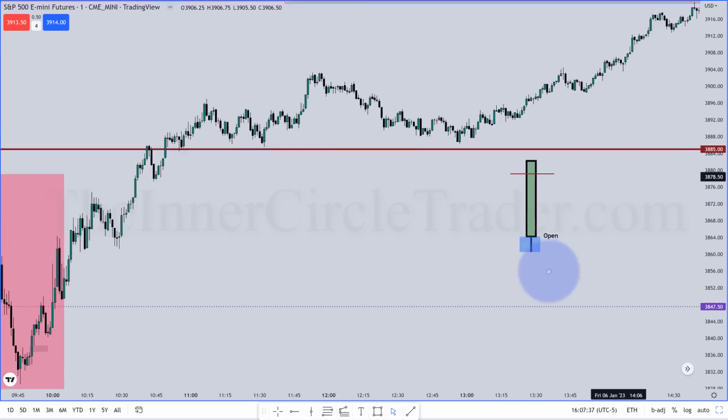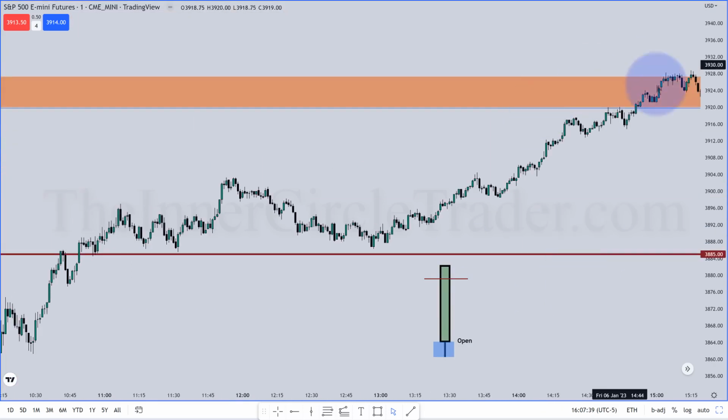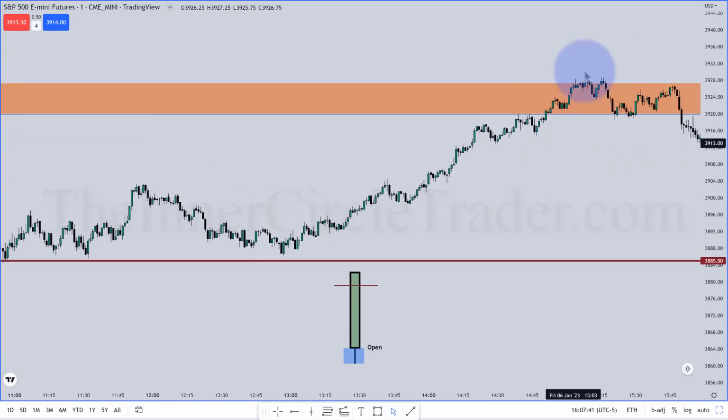Okay, so we can see that it goes up into that daily volume imbalance. Remember that orange rectangle I drew on the daily chart time frame? It goes right up into it. Look at the bodies of the candles respecting the top end of that. Then it drops back down into the low end of it, bounces around, hangs in there, and then leaves it. You see that? And here is 3 o'clock, right there.